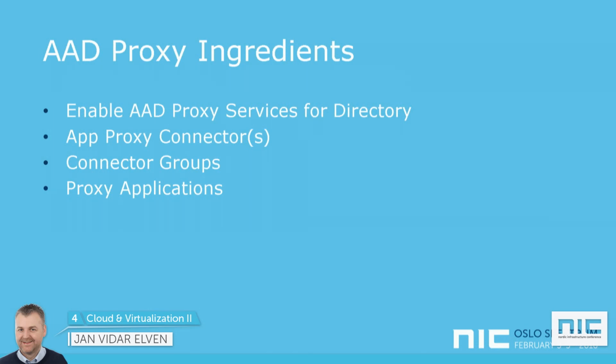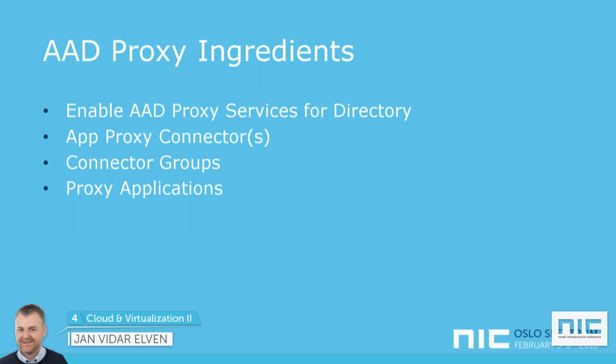You need to enable Azure AD Proxy services for the directory. You need to install one or more Azure AD Proxy connectors. This is software running on your local servers, either in the local data center, or it can run on servers in Azure, for example, if you are running those applications there. You configure those connectors to be in connector groups.